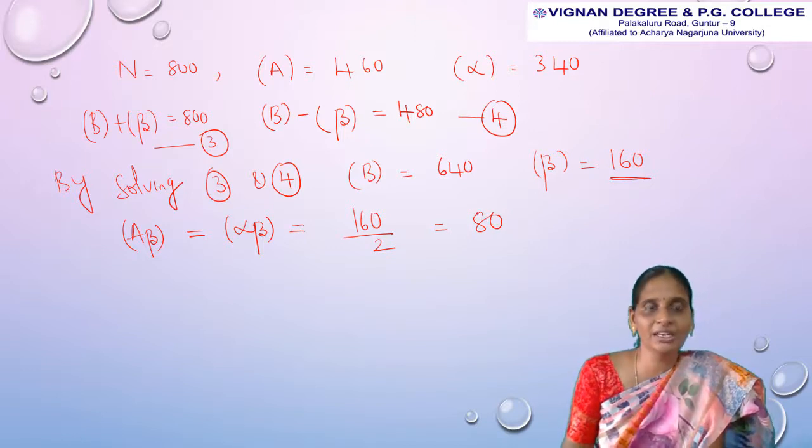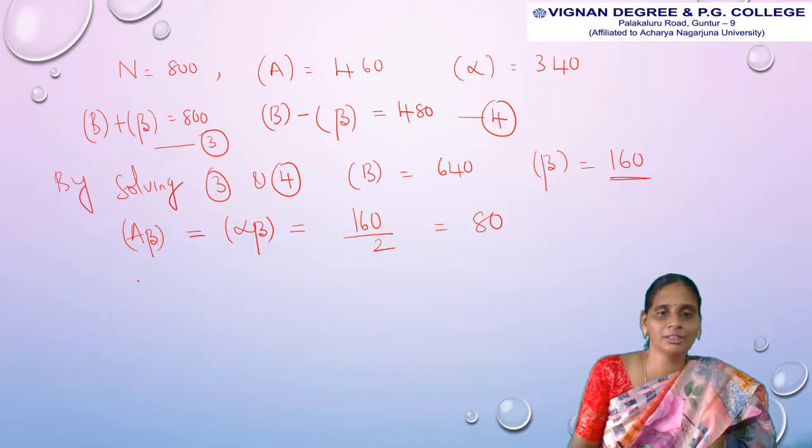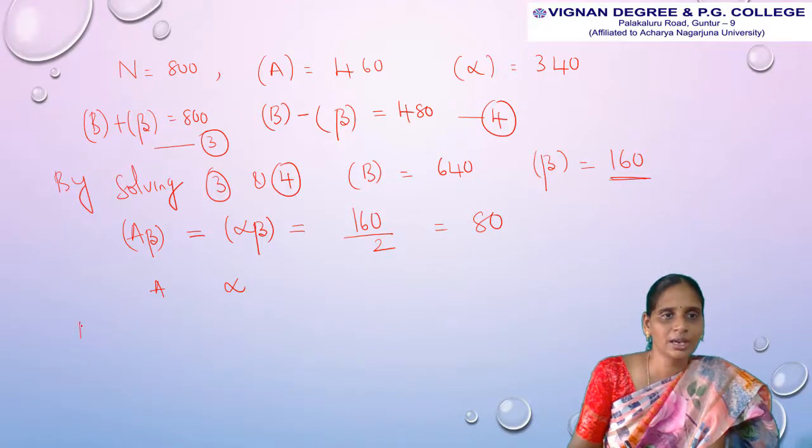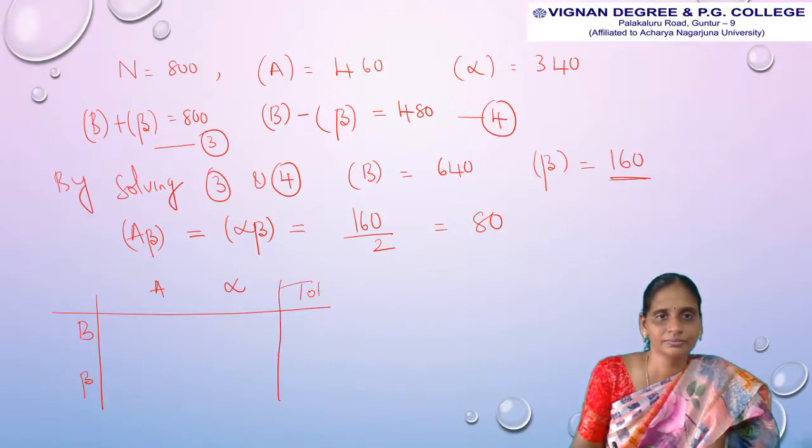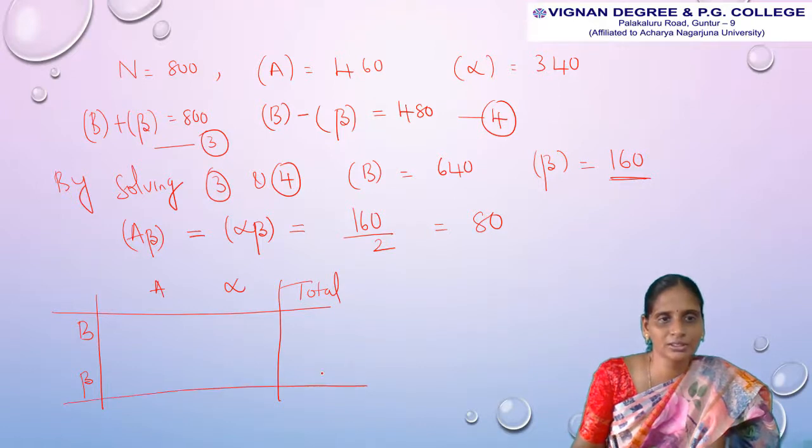Now we have to prepare the 2 by 2 contingency table. Here the attributes A, alpha, I am writing on the left side, B, beta. You have to write down the totals. Here we get frequency of B, frequency of beta, here frequency of A, frequency of alpha.